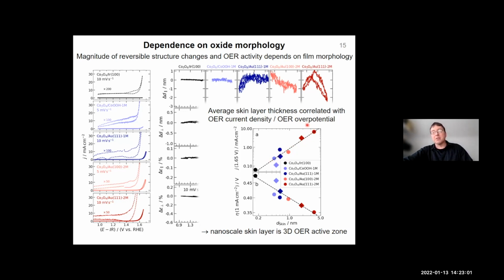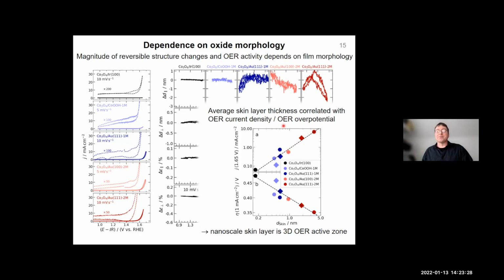That is something we still have to understand in more detail. It may be that the skin layer is a sort of nanoporous structure. As I said, we have very little information about the skin layer. We only know how much of the crystalline material is transformed. But we know this transformation is reversible, so it cannot involve long-range mass transport, I think.